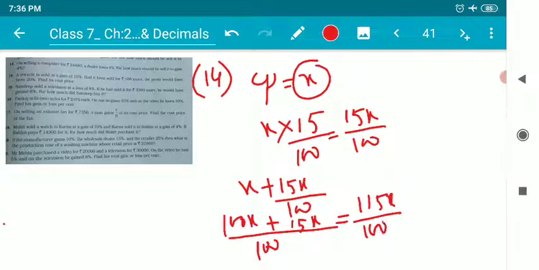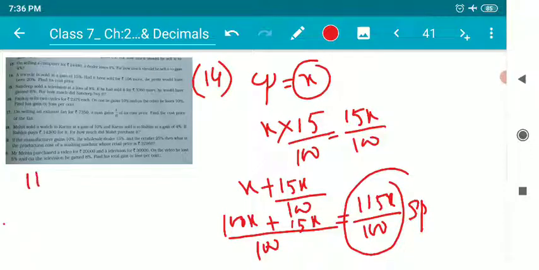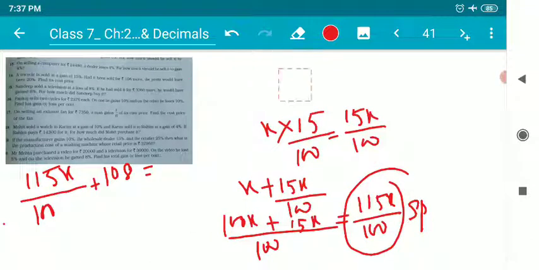These things we are learning right from class 5. We know this kind of calculation. This is the selling price, children. If this would have been 108 rupees more, then the profit would have been 20%. If I would have sold it 108 rupees more, that is 115x by 100 plus 108 more, that is equal to 20% more.